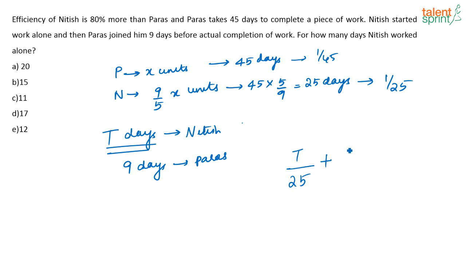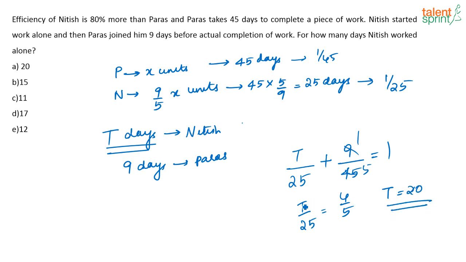Paras is working only for 9 days, so in 9 days he will do 9 by 45th of the work. This is equal to 1, so T by 25 plus 1 by 5 equals 1. T by 25 is 1 minus 1 by 5, that is 4 by 5, or T is equal to 25 into 4 by 5, or 20.